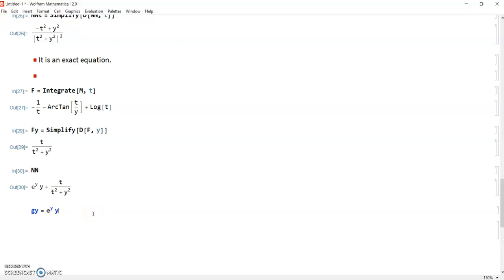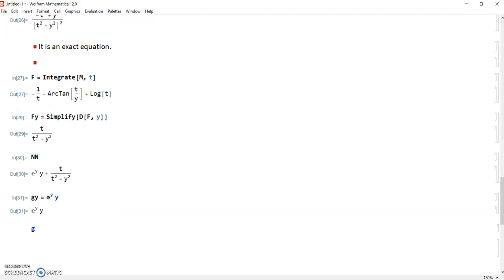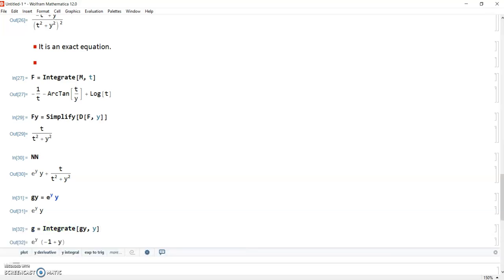Okay, so therefore the function g in terms of y will be equal to the integral of g prime of y with respect to y. So it will be e power y into 1 minus y. So now we have all the ingredients of our final answer.